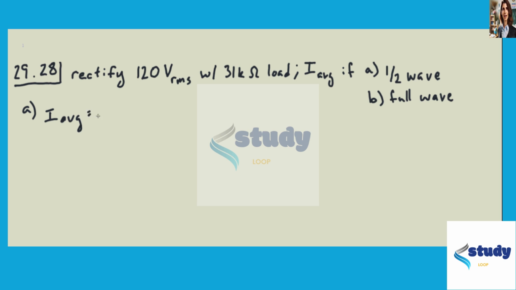So the average current then is going to be, or our estimate at least, is going to be 1/2 times our RMS input voltage divided by R.